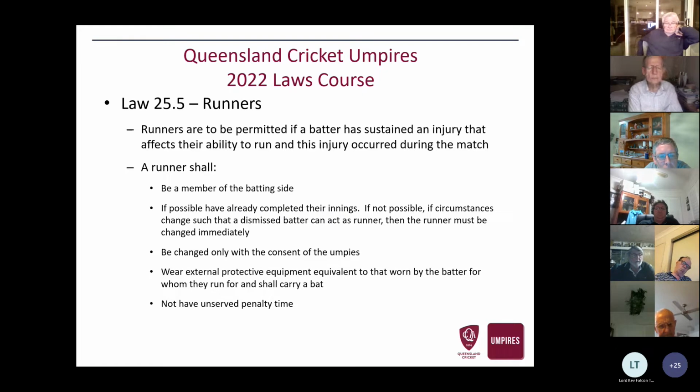Outside of that particular scenario, a runner can only be changed with the consent of the umpires. The runner must wear external protective equipment equivalent to that worn by the batter for whom they run, and must carry a bat, and must also not have any unserved penalty time.